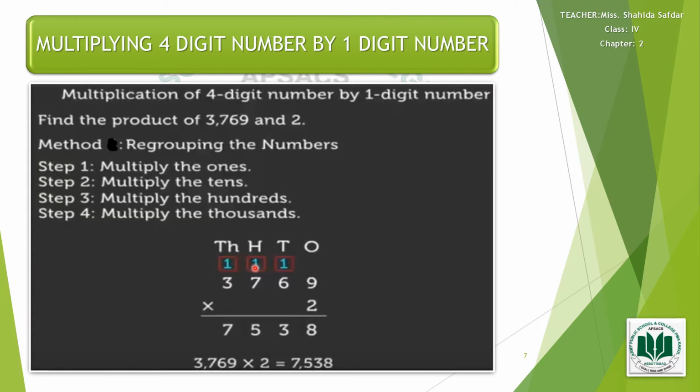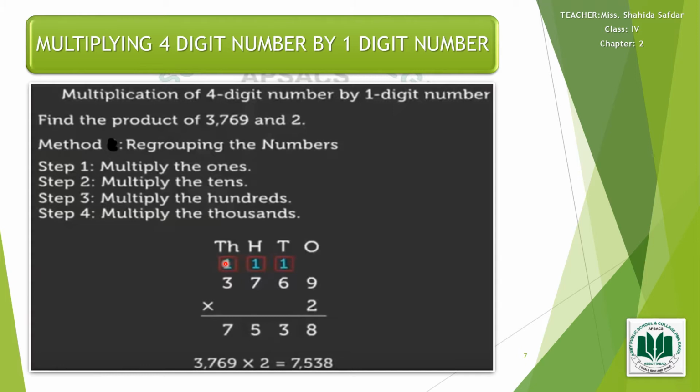In step 3, we will multiply the hundreds, that is 700 multiply by 2. The answer is 1400 plus 1 which is carried over here. The answer comes 1500. Now we will rearrange 1500 as 500 place and 1 at 1000 place.